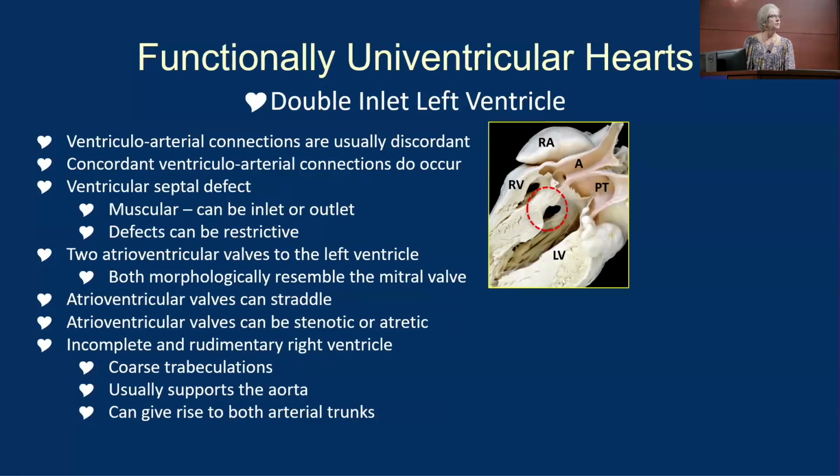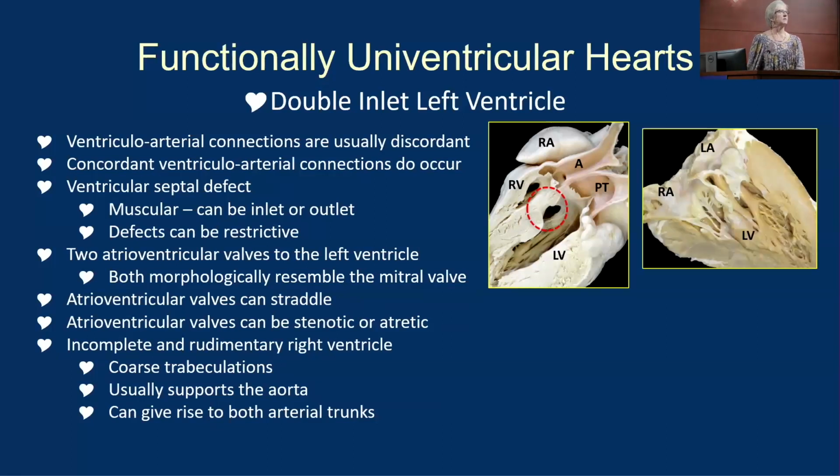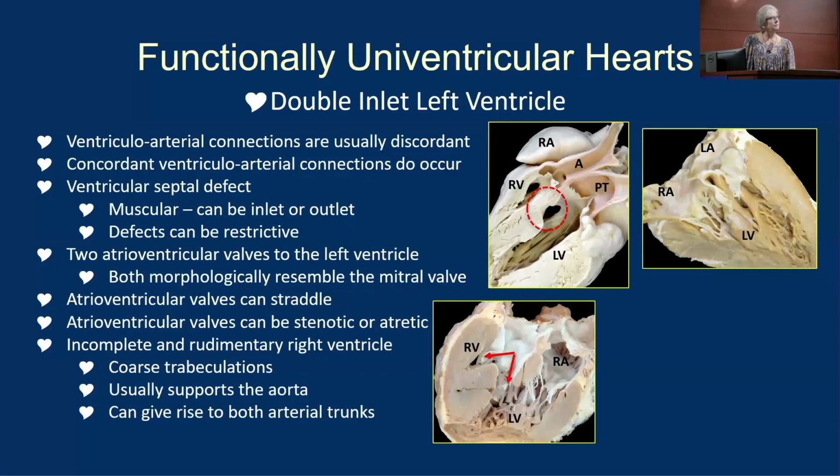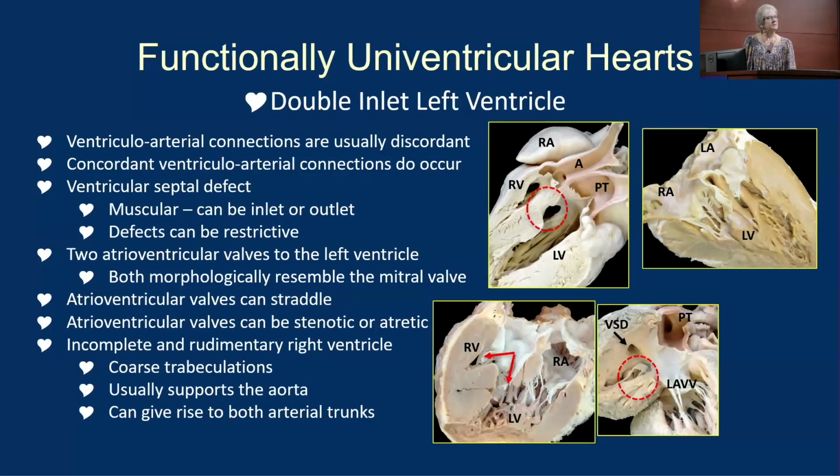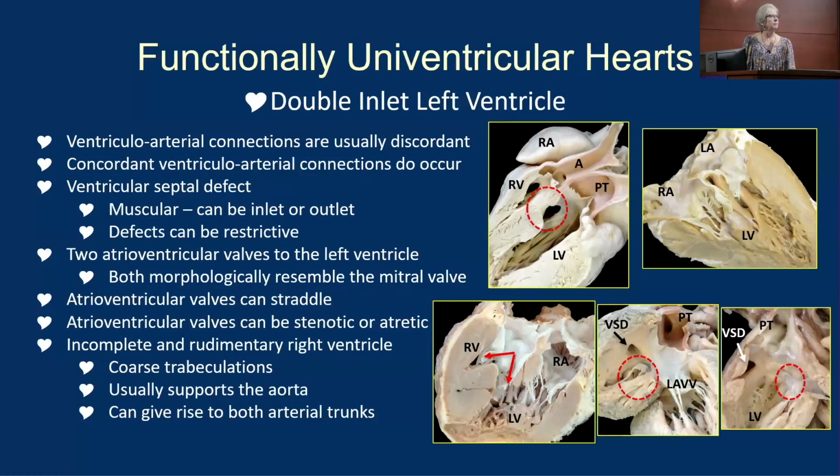You can have two atrioventricular valves to the left ventricle, as well as a common atrioventricular junction. And typically those two atrioventricular valves resemble a morphologically mitral valve. The atrioventricular valves can straddle, as you see here in this four-chamber view. They can be stenotic or even imperforate.